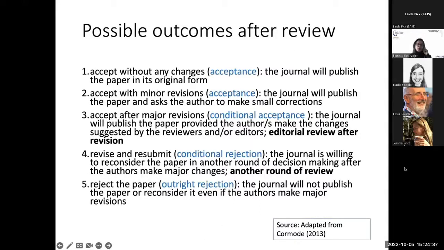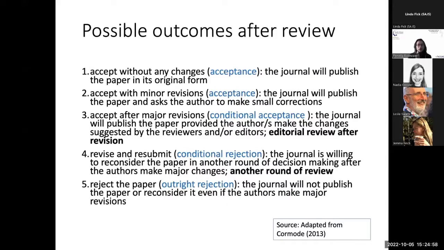So here are some possible outcomes after the review, and then I want to end off in the next slide. I'll talk about how, as a journal editor, you integrate all of this information to make a decision about whether the paper should be accepted or not.